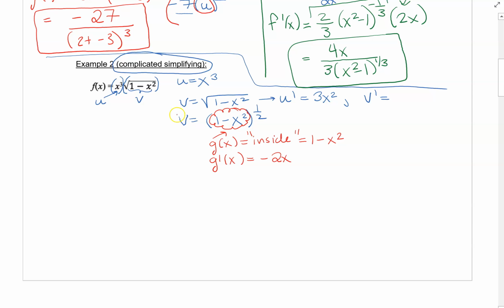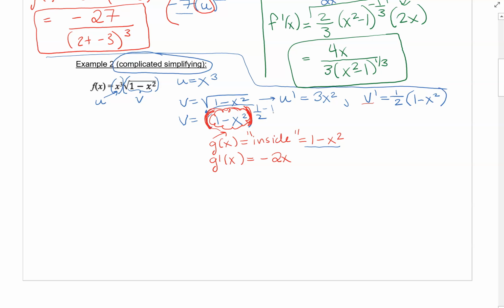And then we'll just think of this as v. So if I want to do v prime, I would need to first think of this as a power rule, where I have this inside part, this like blob. Think of that as like a blob on the inside. That whole blob is being raised to the power of 1/2. So when I'm first taking the derivative of v, I begin with the power rule. So the 1/2 power gets brought down in front of that whole entire inside function, which is 1 minus x squared.